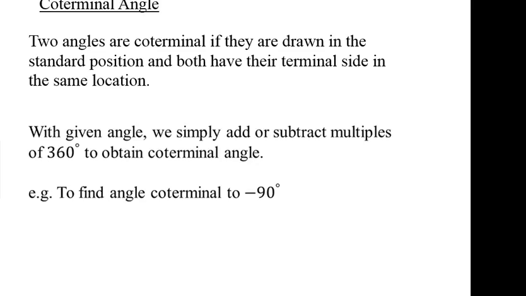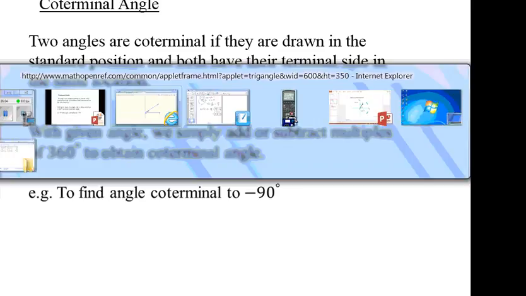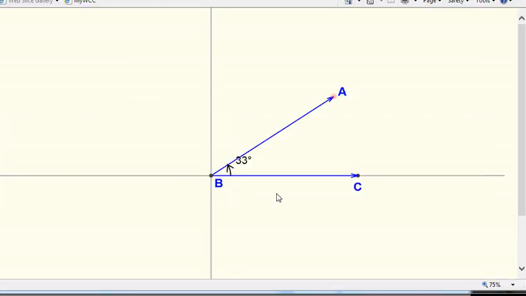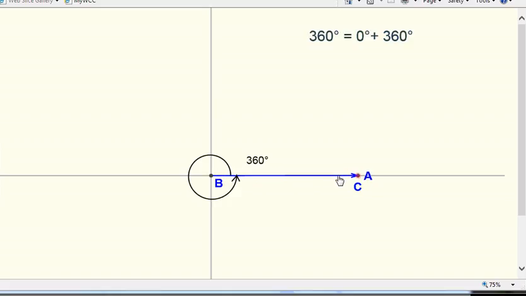Now let's take a look at the animation and then we go back to this, and see what a coterminal angle is. Let's go back here. Now we remember, this is the 0 degree. And then if I rotate this pole one full rotation, what would that become? 360 degrees. But wait a minute.